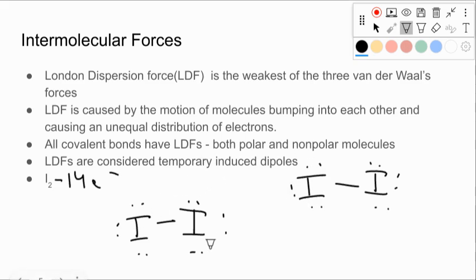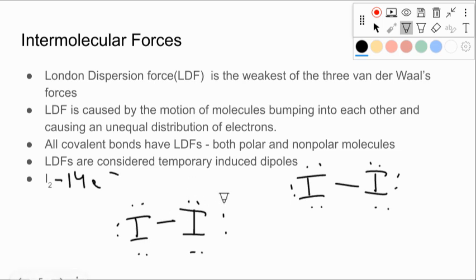Now, this is a nonpolar bond because if they have the same electronegativity, there's an equal sharing of electrons. The only time that polar bonds happen is whenever there's an unequal sharing of electrons. And in these, it is not going to be a polar bond.